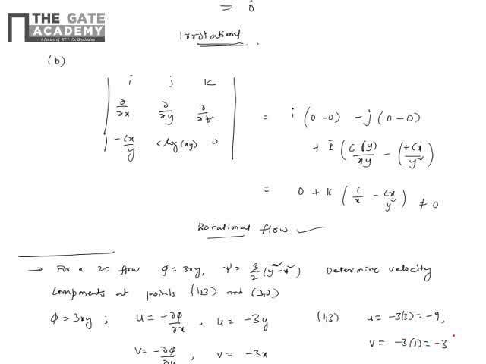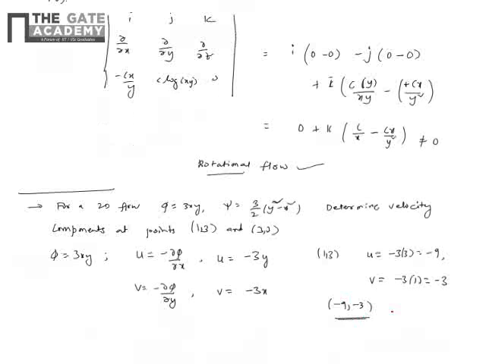So minus 9 comma minus 3 are the velocity components at point 1 comma 3, and at point 3 comma 3 it will be minus 9 comma minus 9. So this is how you can find out the velocity.